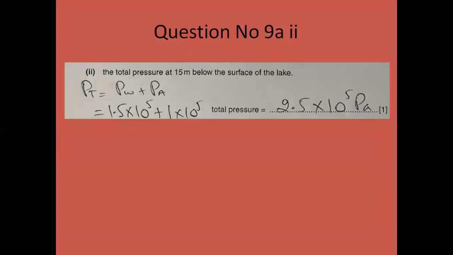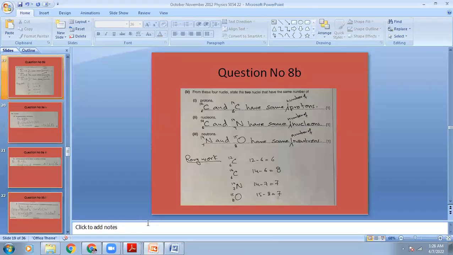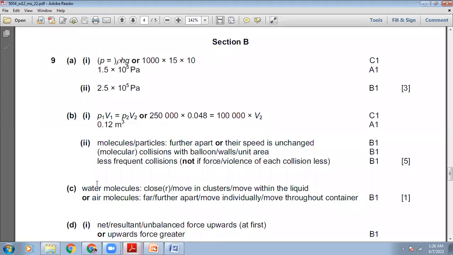It will be 1.5 times 10 to the power 5 Pascal plus 1 times 10 to the power 5 Pascal, and it will become 2.5 times 10 to the power 5 Pascal.